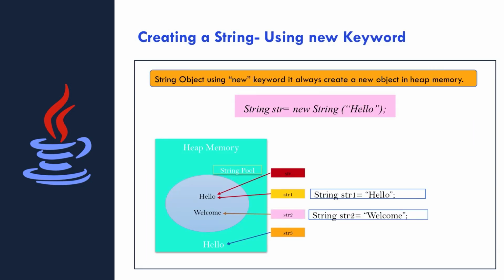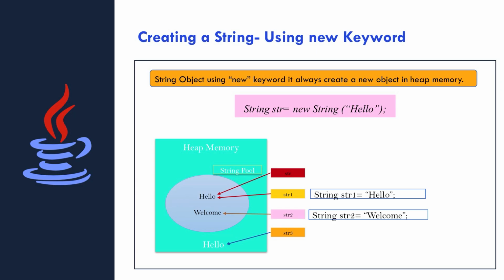Now another way of creating a string is by using the new keyword. Whenever you use the new keyword, it is going to create a new object in heap memory. For instance, if I say String str3 = new String("hello"), a new object will be created in heap memory, just like any other object which gets created in memory.